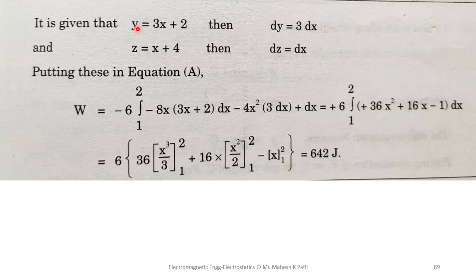If I write y is equal to 3x plus 2, and differentiate on both sides, it will give me dy equal to 3 dx. Similarly z is equal to x plus 4. If I differentiate on both sides, it will give me dz equal to dx. Now we'll try to write all the variables in terms of x only.